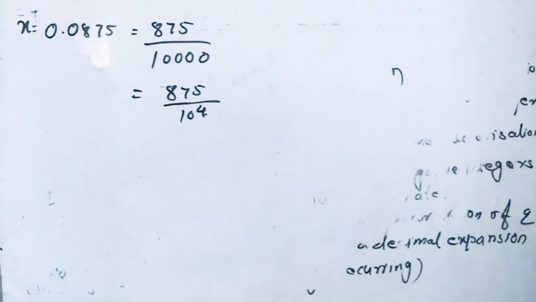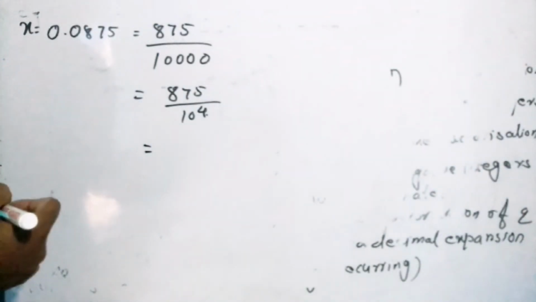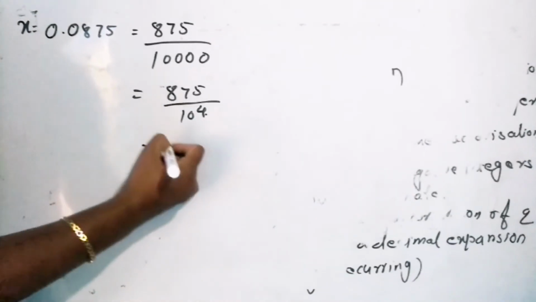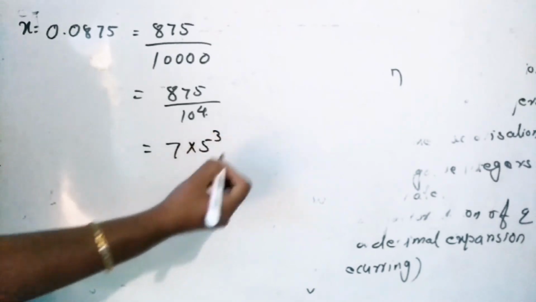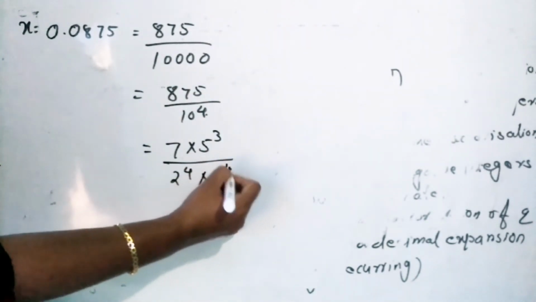Now in the next step, we need to find out the smallest form. For that, you need to factorize this numerator and denominator, find the prime factorization. The prime factorization of 875 is 7 into 5 cube, divided by 2 raised to 4 into 5 raised to 4.